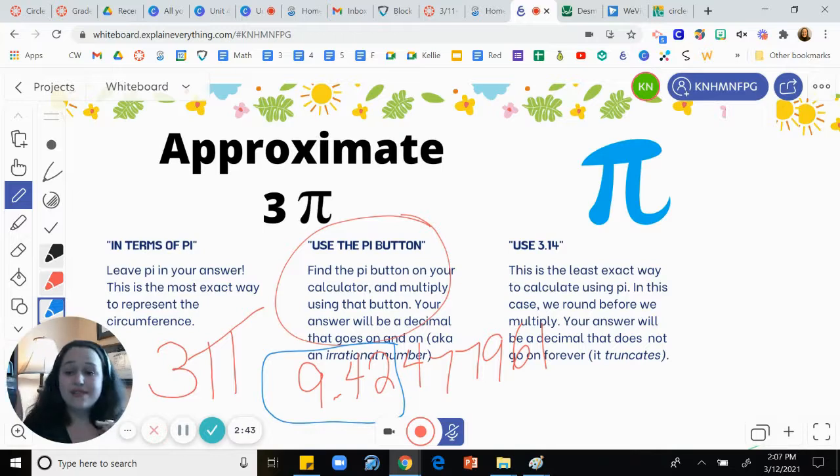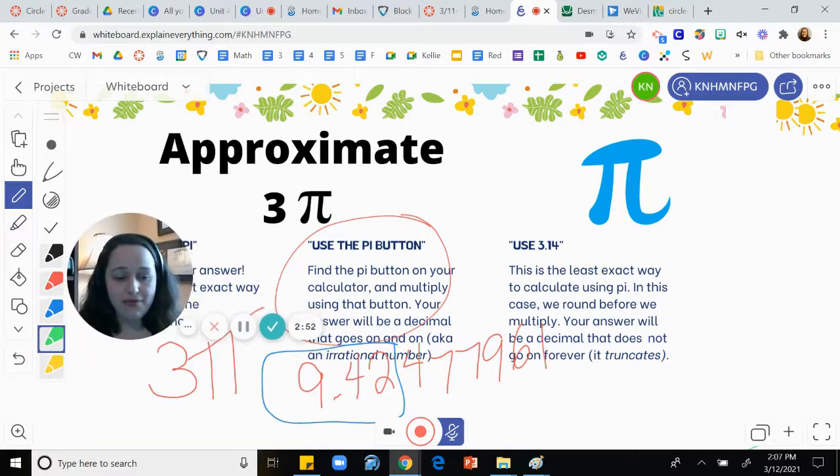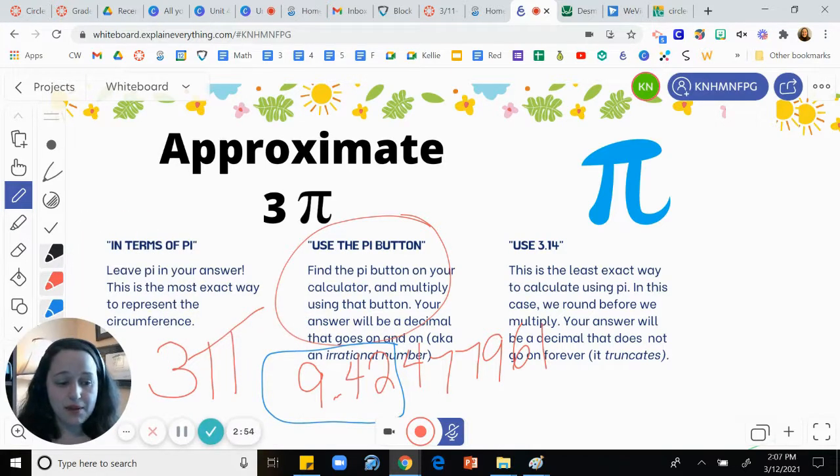Another way I can do this is to use 3.14. So just like when we have variables, even though pi is a number and not a variable, when I have 3 pi, there's no symbol written in between it. It does mean 3 times pi. So, if you take your calculator and you take 3 times pi, you'll end up with the same answer as you just saw, right?